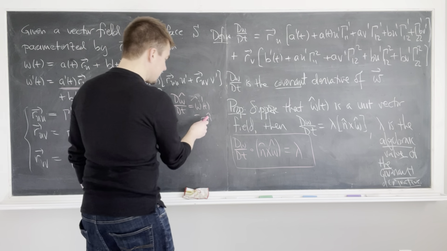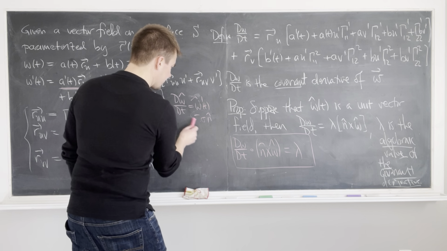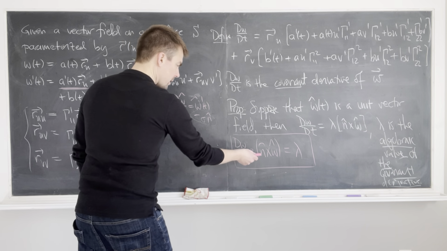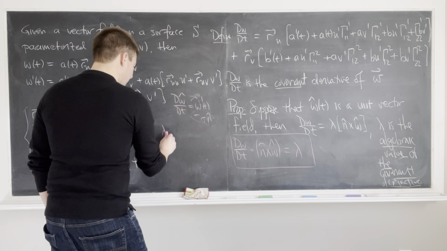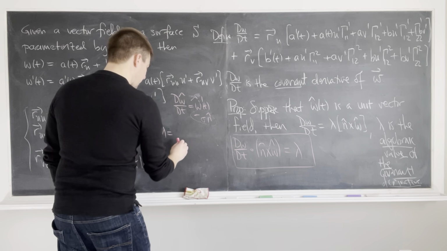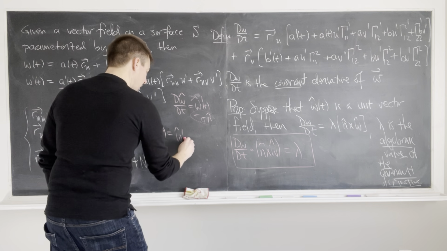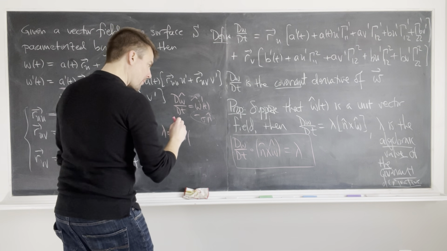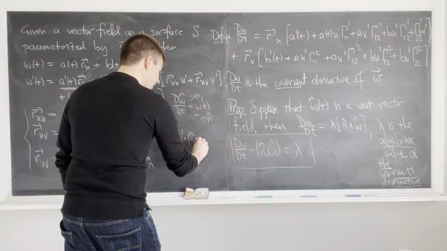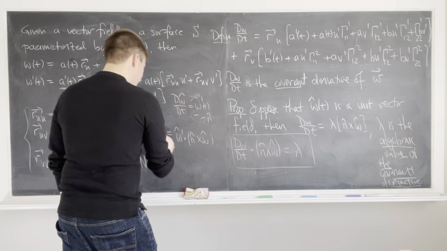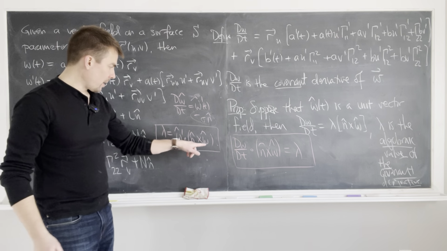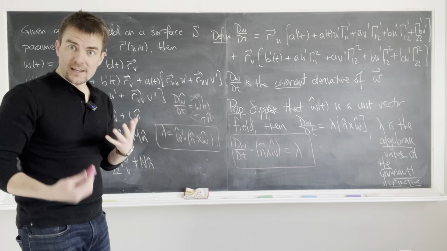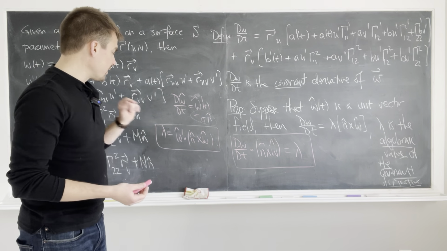And so, of course, if I dot this component over here with this n hat, that's going to give me 0. So, in other words, lambda is equal to what? This lambda is equal to the inner product, w hat prime, dot product with n hat cross w hat. And that gives me a formula, the triple scalar product over here of w prime, and n, up to sign, gives me the algebraic value of this covariant derivative.